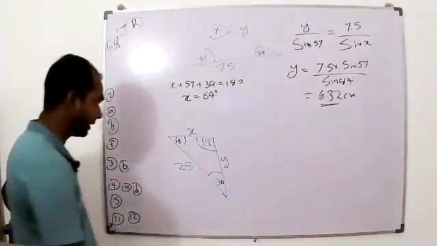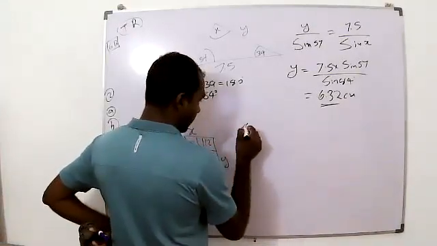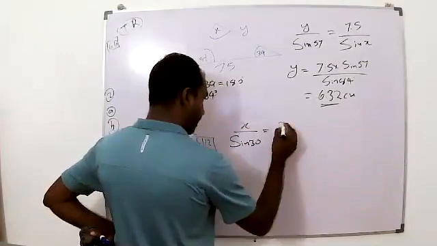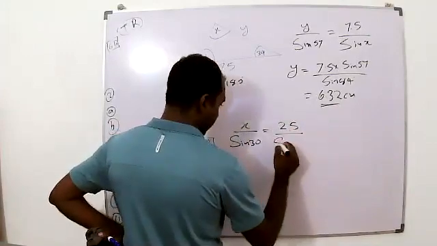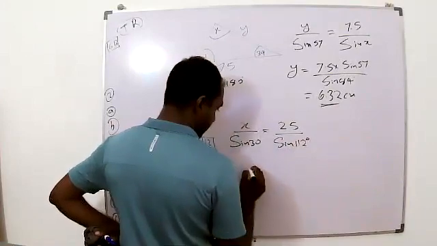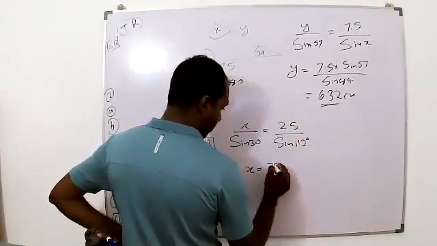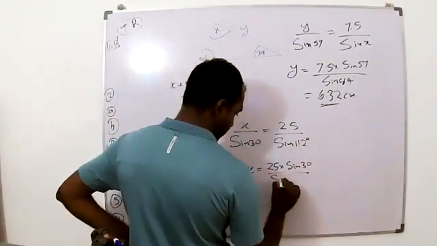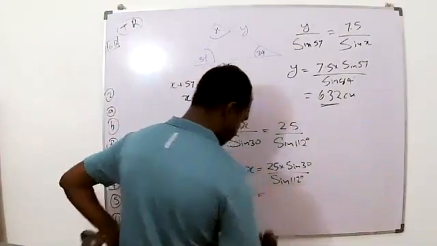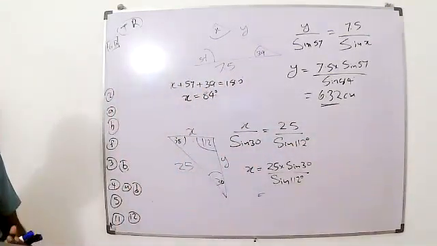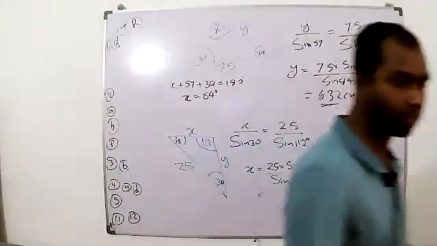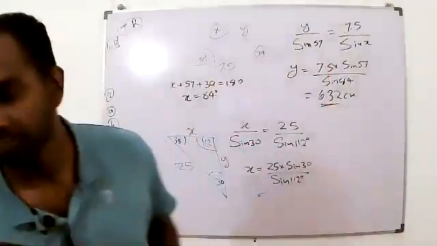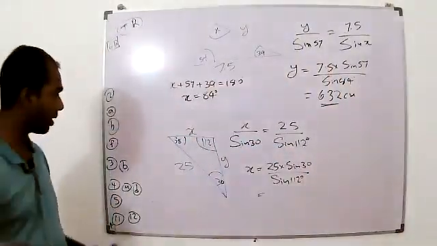So we can write x divided by sine 30 equals 25 divided by sine 112. So x should be equal to 25 times sine 30 divided by sine 112. Then what about y?